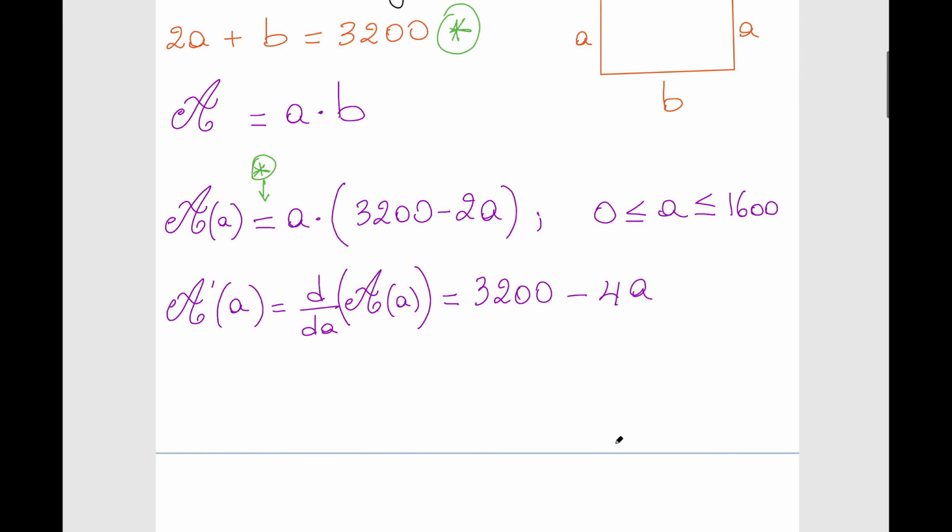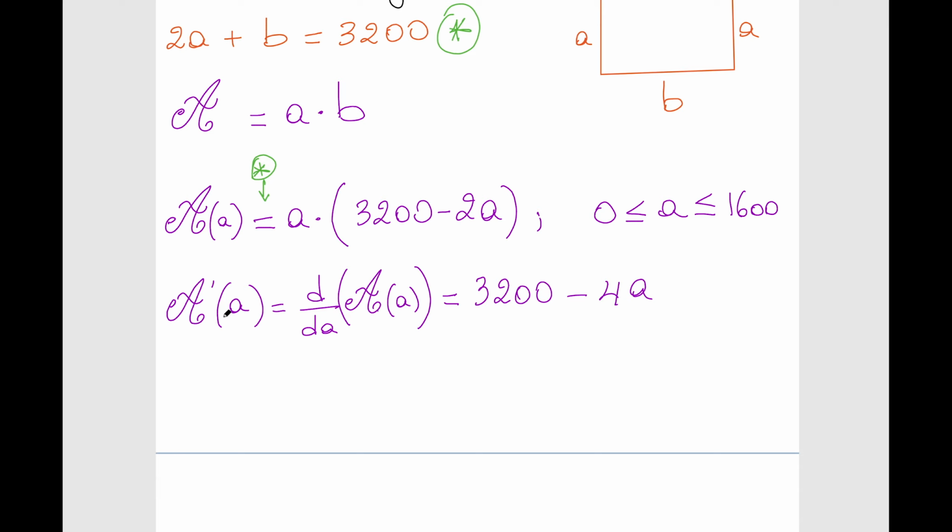All right. And the critical numbers, what are the critical numbers here? The critical values of this function calligraphic A. Well, we don't have critical numbers of type 2, right? Because the domain of A prime remains that thing, 0 to 1600.